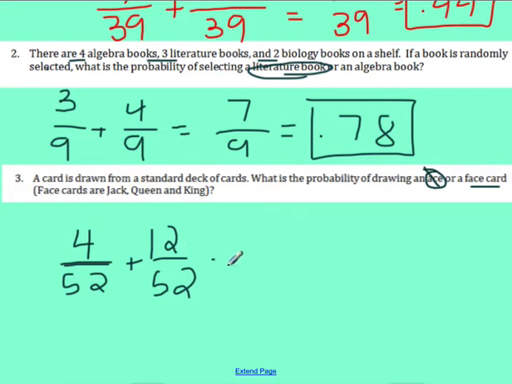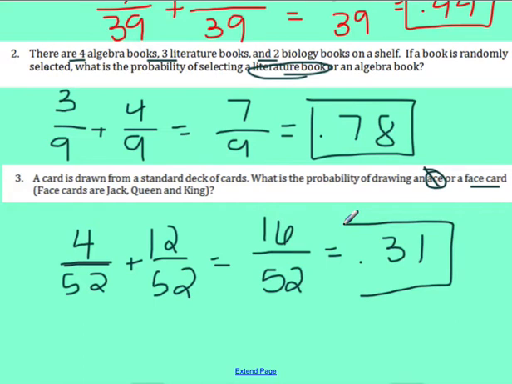So now we can go ahead and add the numerators. 4 plus 12 is 16, and then we're going to divide that by 52. So we're going to do 16 divided by 52, and that's going to give us 0.31. So there's a 31% chance that you draw a jack, king, or queen of any suit or an ace.